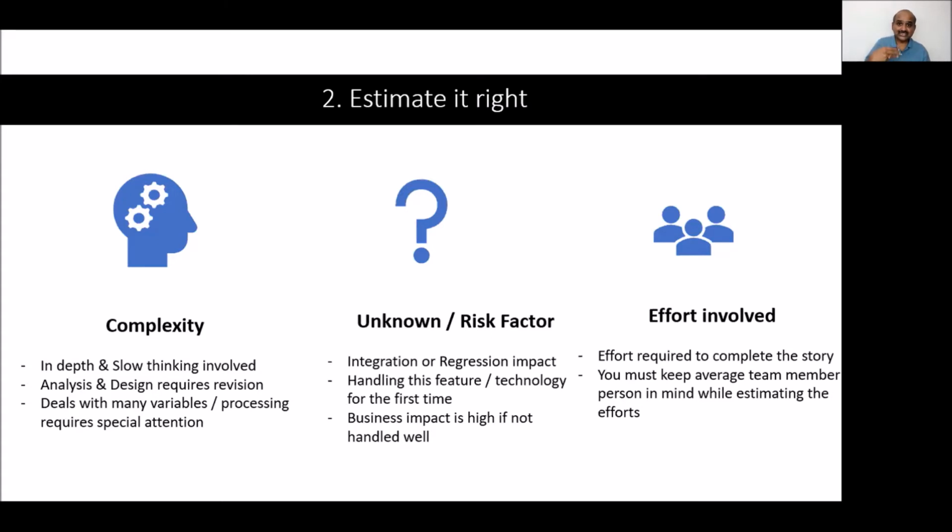Okay, so you are actually trying to do a band-aid on top of that. You touch it, and what will happen, the other aspects within the same function, you do not know. Wherever in-depth analysis is required, wherever slow thinking is required, there the complexity is high.